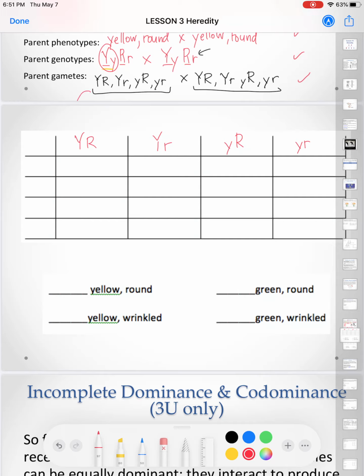So I did parent 1 up here, and then I'm going to put parent 2 down the side. It really doesn't matter which parent you put on the top and which on the side, because you're going to end up with the same ratios, just in a different order.